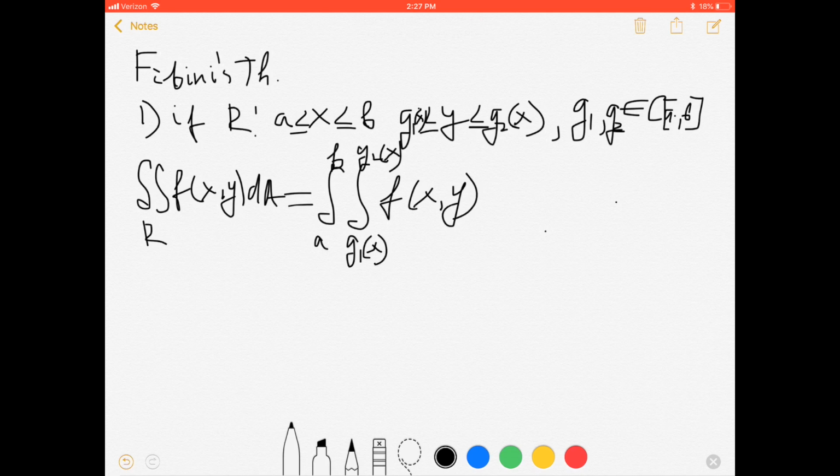This means the same function, but here we have integration not over area, integration dy dx.